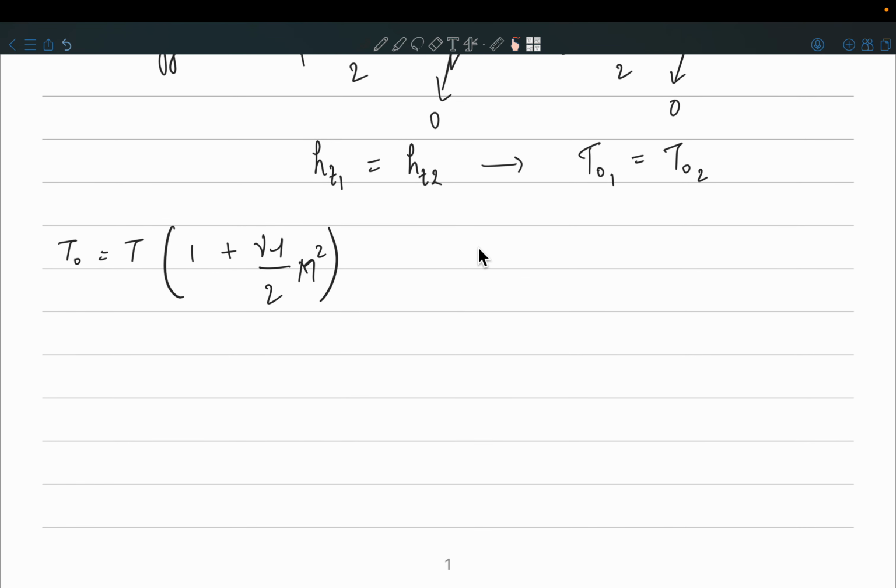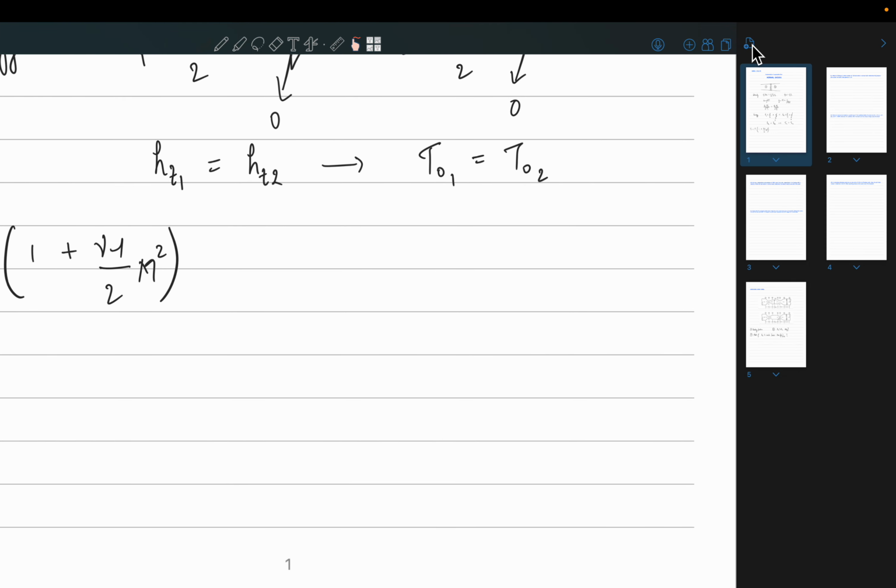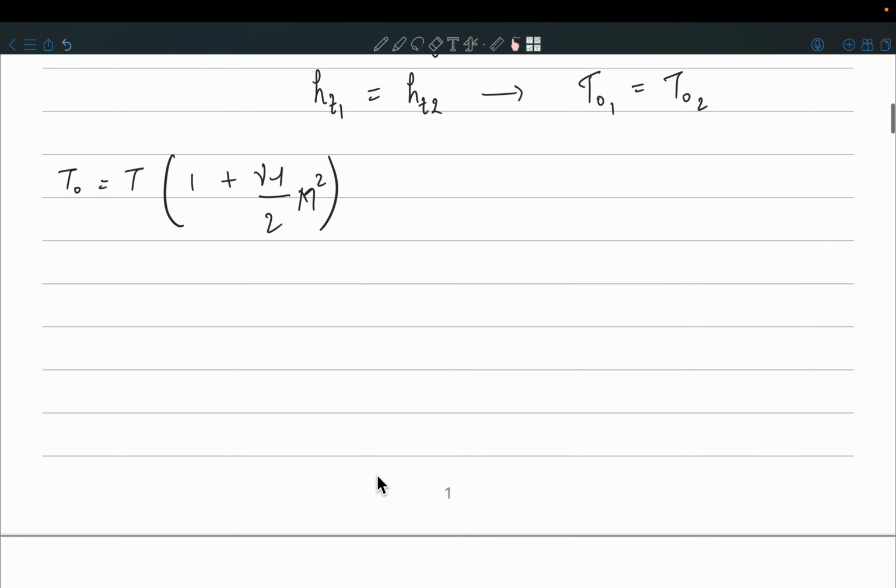Now what about the momentum equation? Okay, let me write it down.